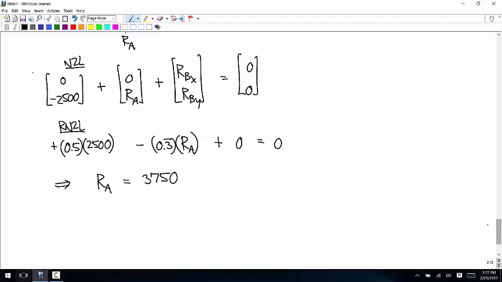And then plug that into the first two equations, and you get RB is equal to 0 for x, and then for y, negative 2500 plus 3750, so that's negative 1250. Is that right?